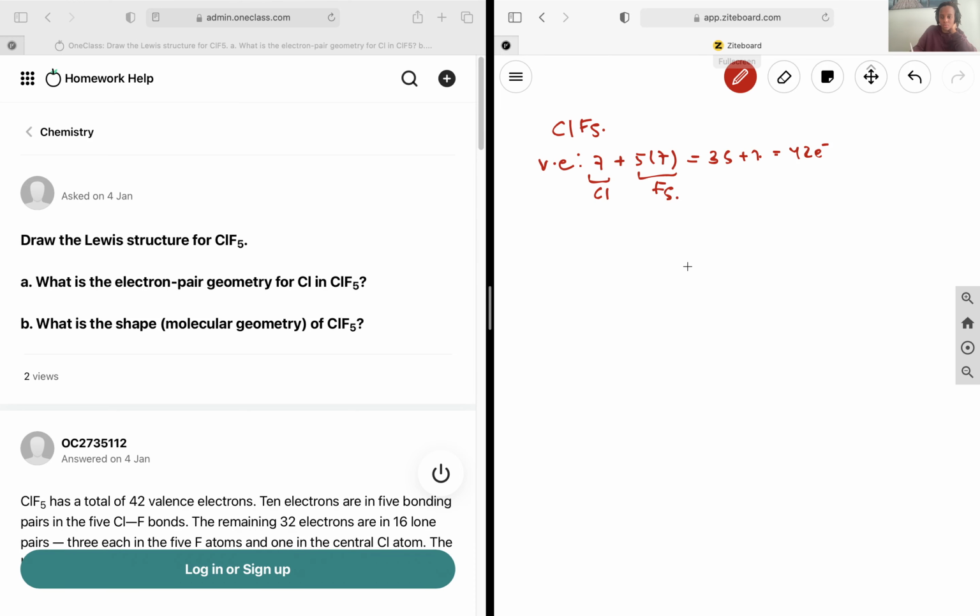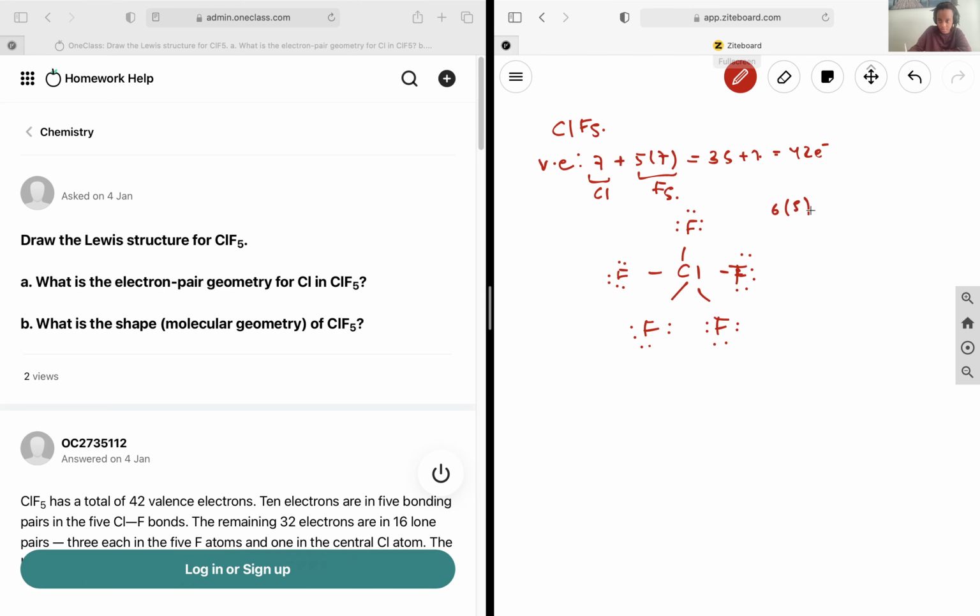Okay, and so if we start with just a structure like that as our skeleton, let's go about just labeling with one single bond on each and filling in each of the octets for the fluorines. Okay, and then let's double check all of our valence electrons have been accounted for.